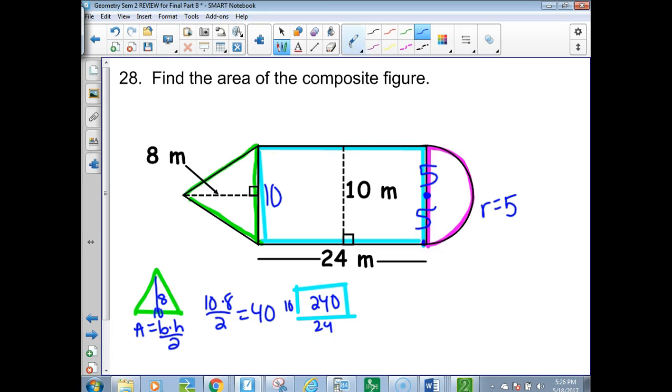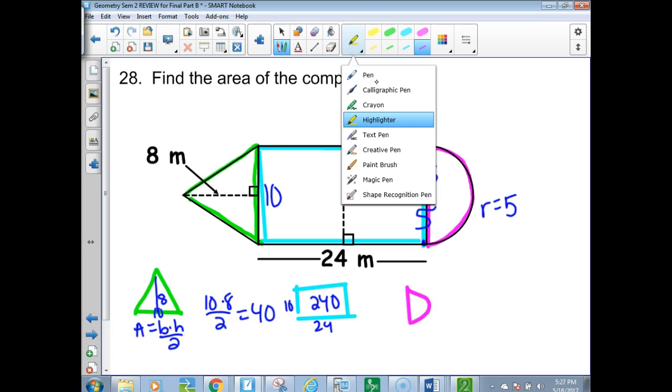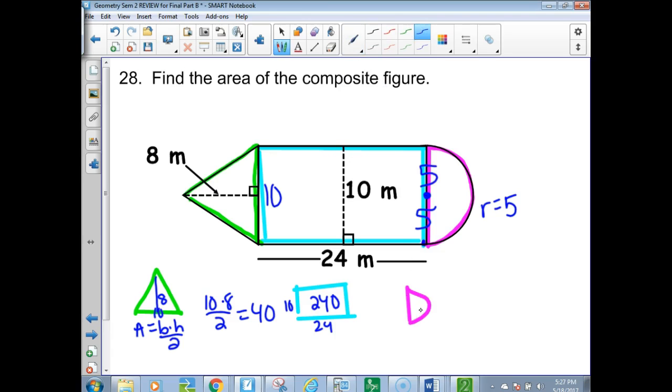So we're going to do the area of half a circle now. It's not the best half circle I ever drew, but it's pi r squared. Pi times 5 squared.